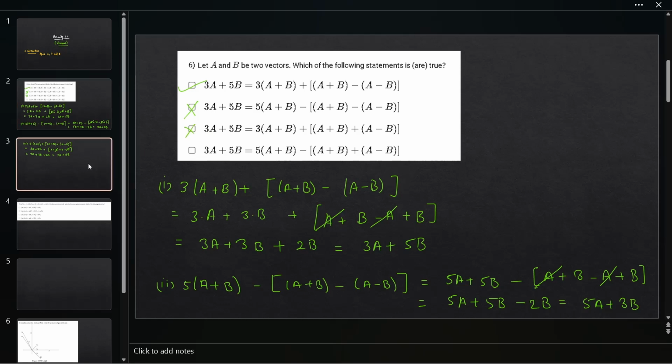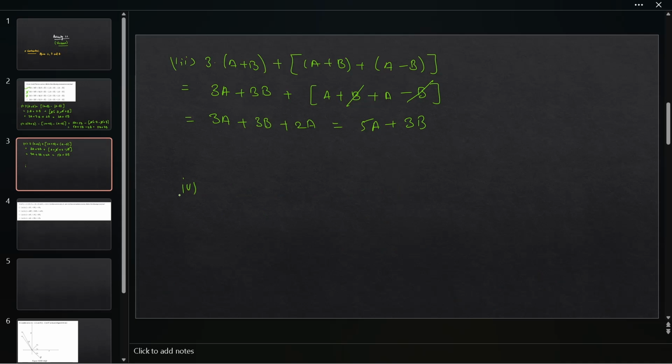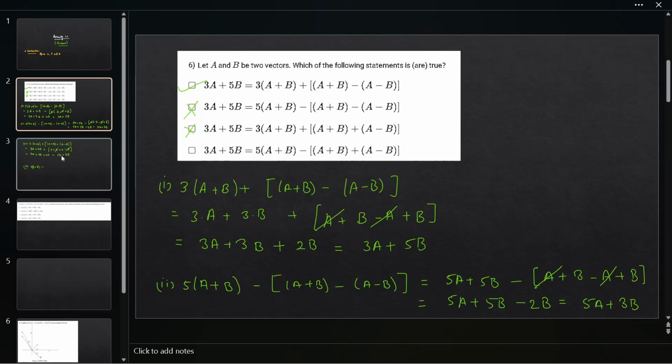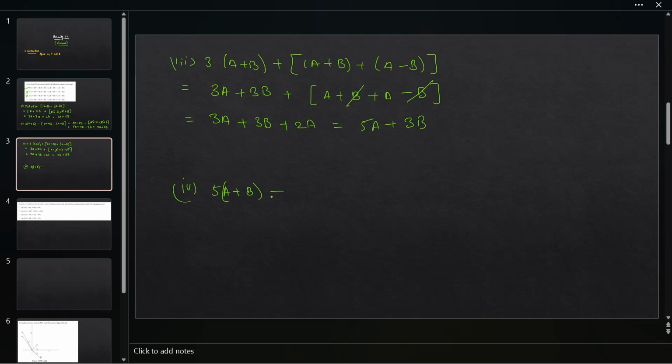And moving on to option 4, we have 5 times (A plus B) minus (A plus B) plus (A minus B). We have just simplified this term, which was coming out to be 2A.